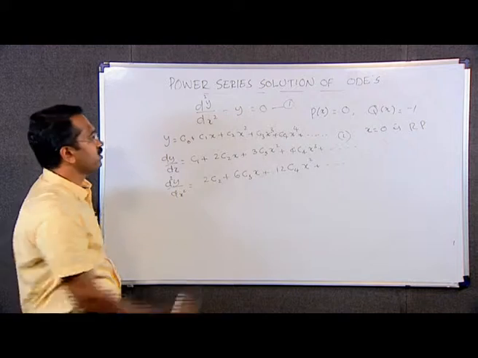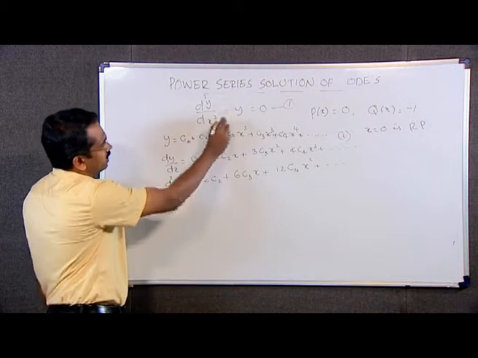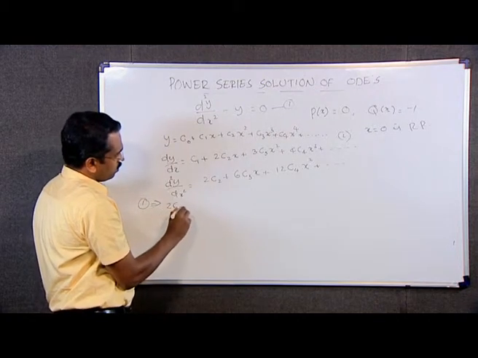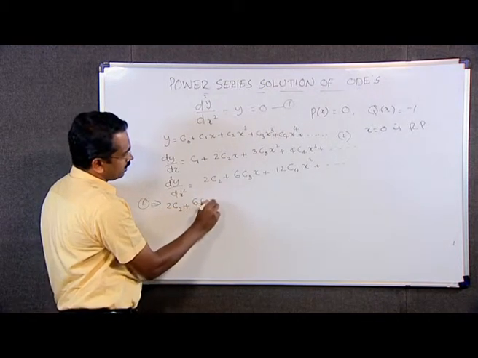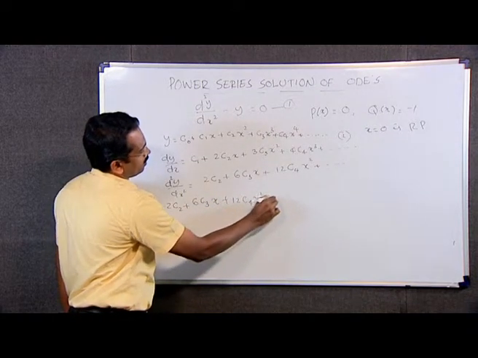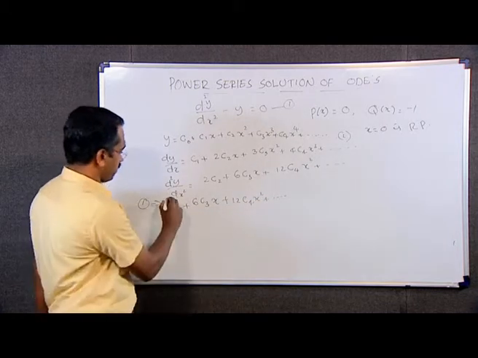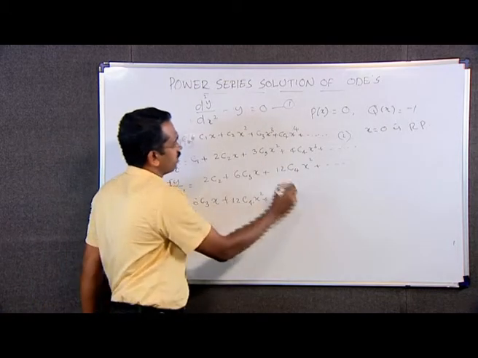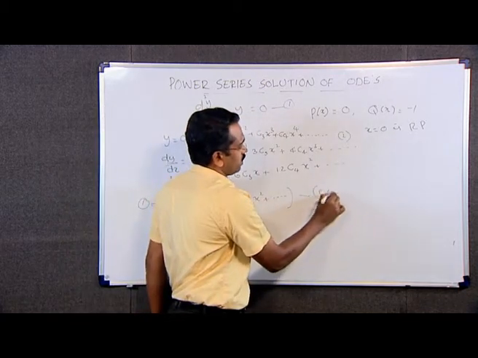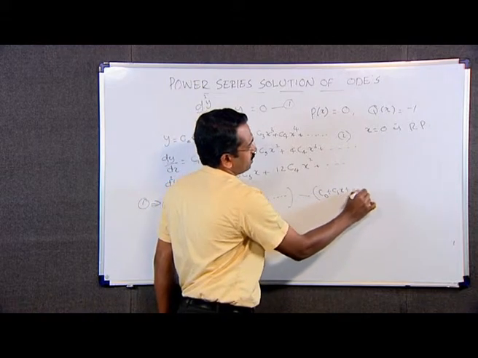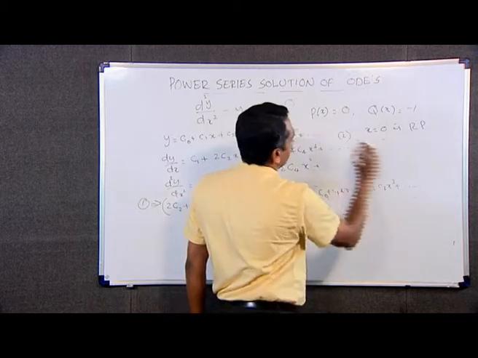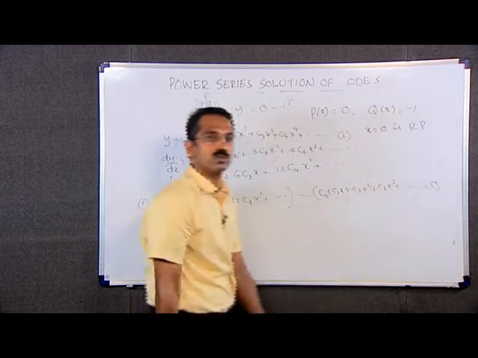The given differential equation will become 2 c2 plus 6 c3 x plus 12 c4 x square plus etc. This is d square y by dx square, minus y, where y means c0 plus c1 x plus c2 x square plus c3 x cube plus etc., equal to the right hand side, which is 0.